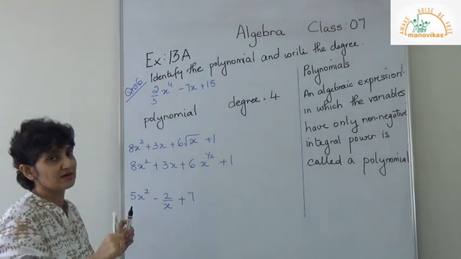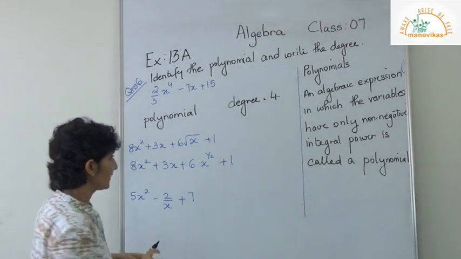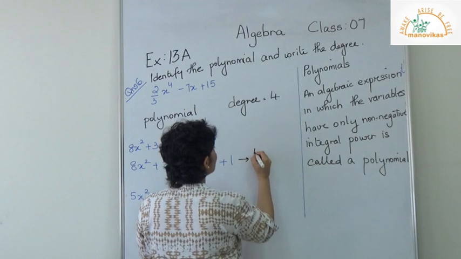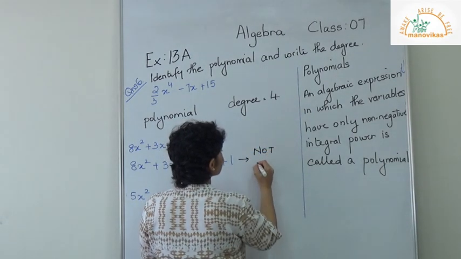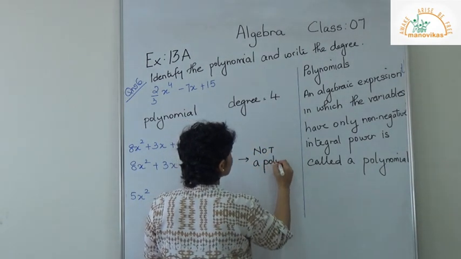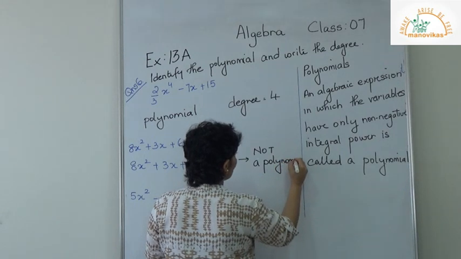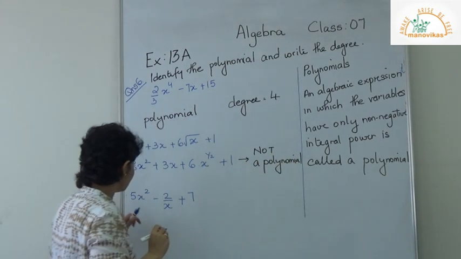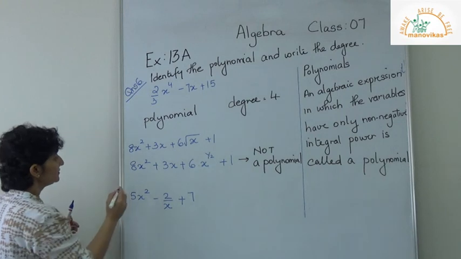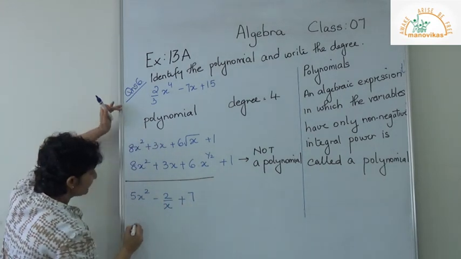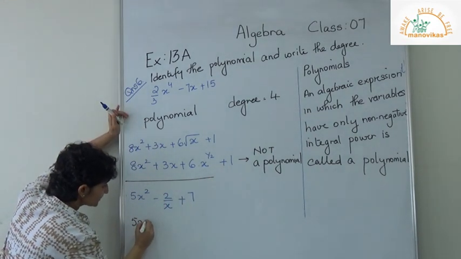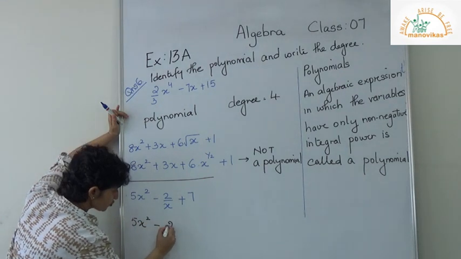This is not a polynomial. Okay? Now again, if I take this sum, I have 5x squared minus 2.